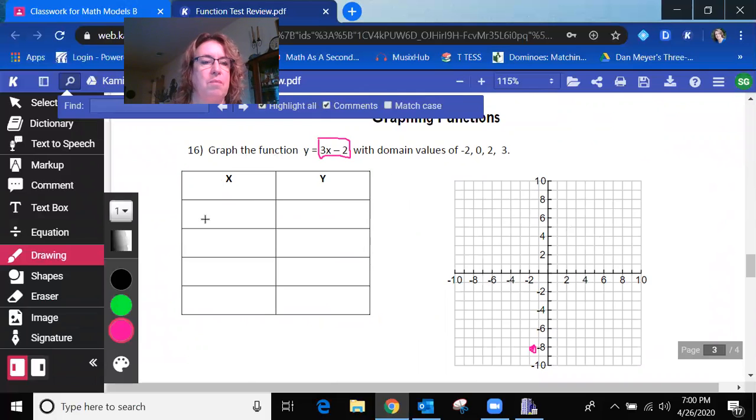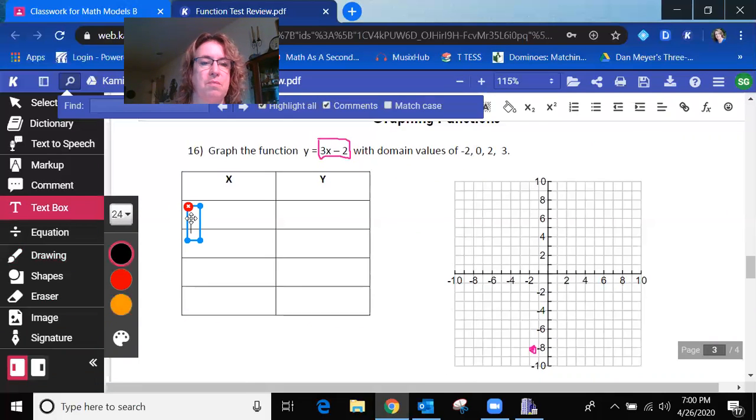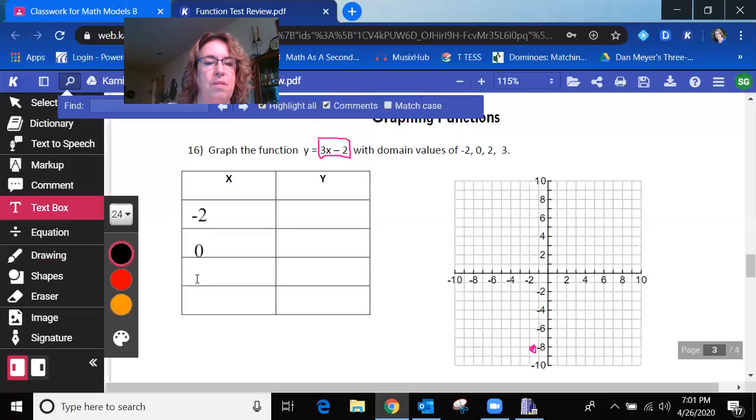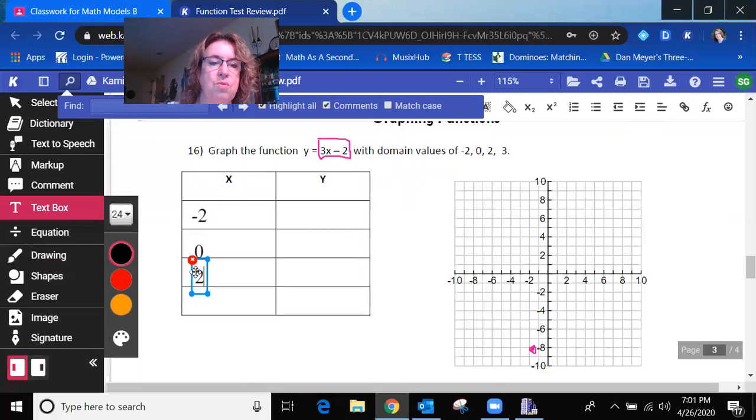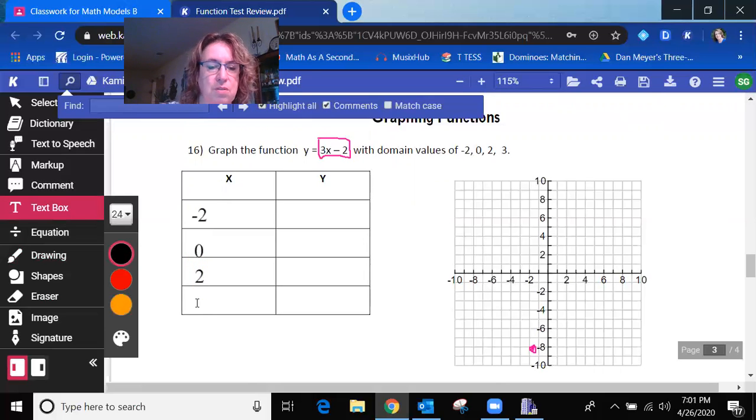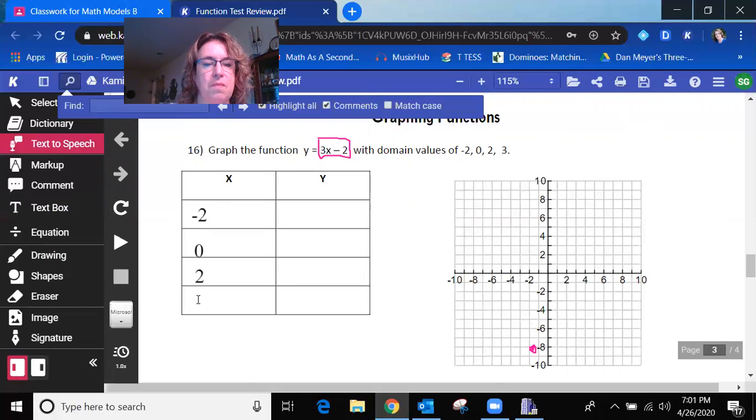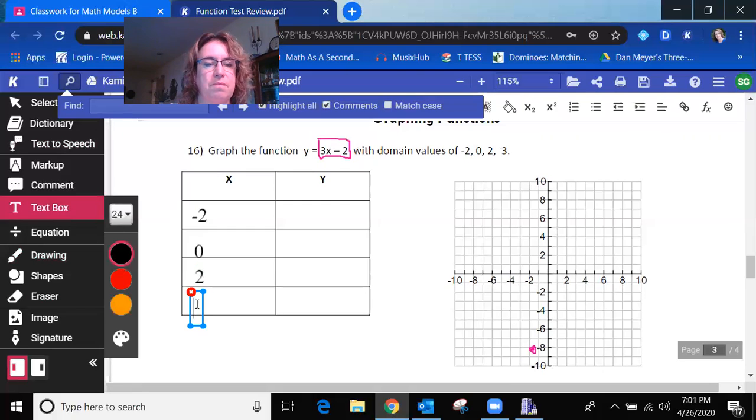And my x's, I'm going to put those in. So that's -2, then 0, then 2, and then 3.